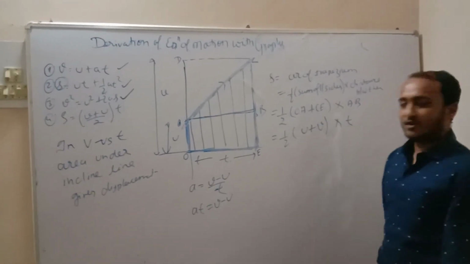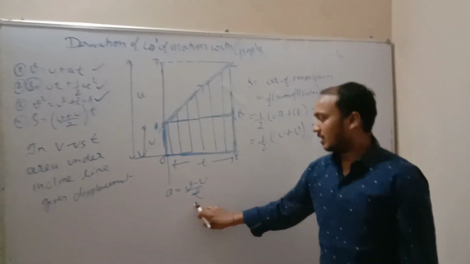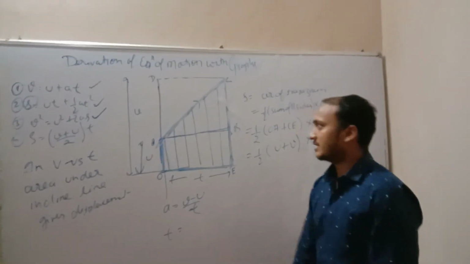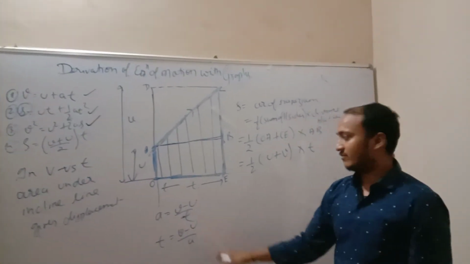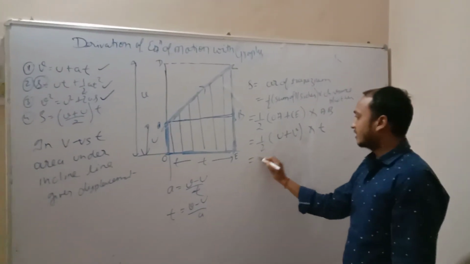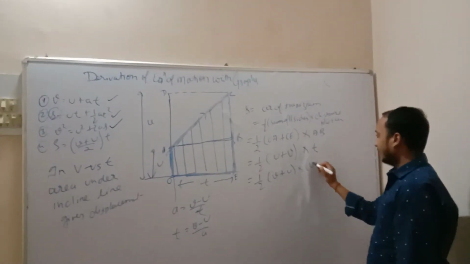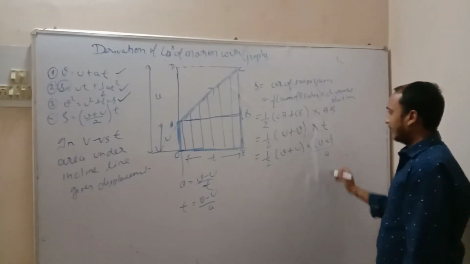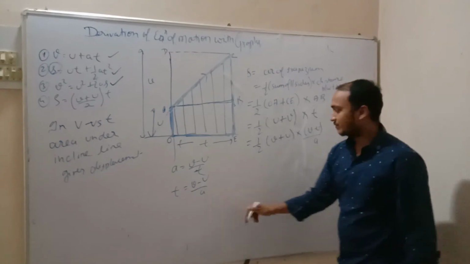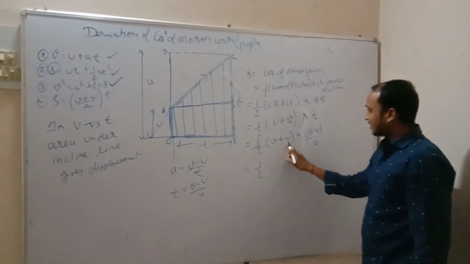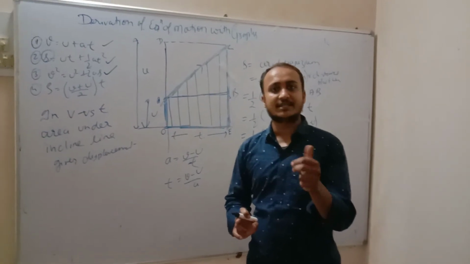Now friends, we have to put the value of T. T can be written as V minus U by A. So we will write half V plus U into V minus U by A. So it is A plus B, A minus B, and we know that is A square minus B square.